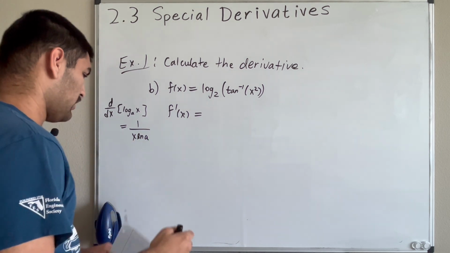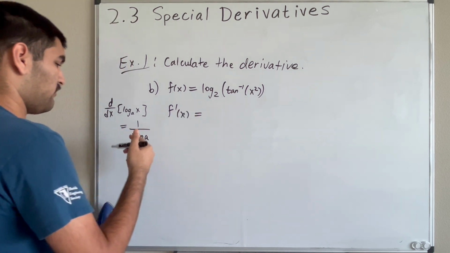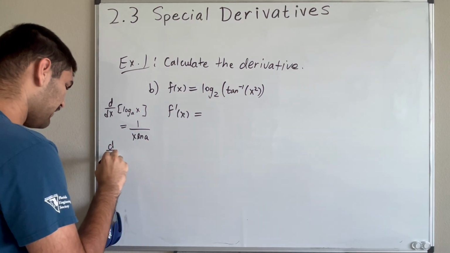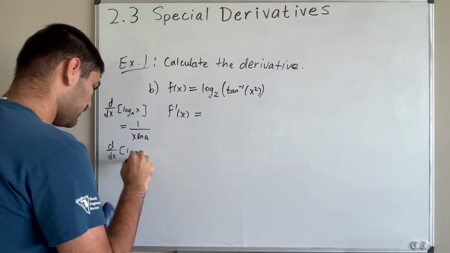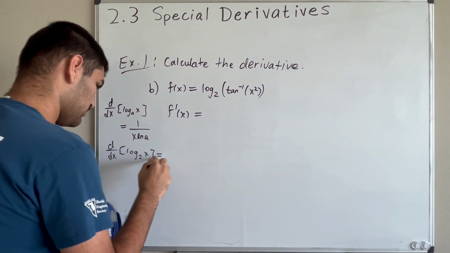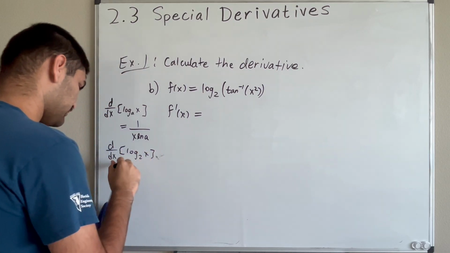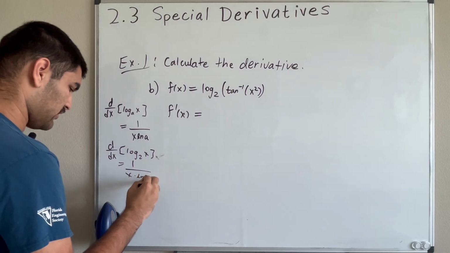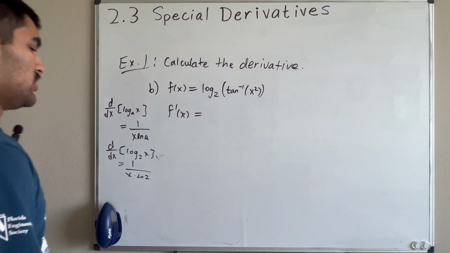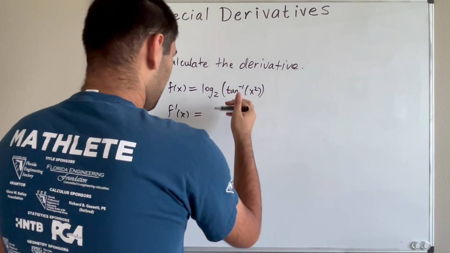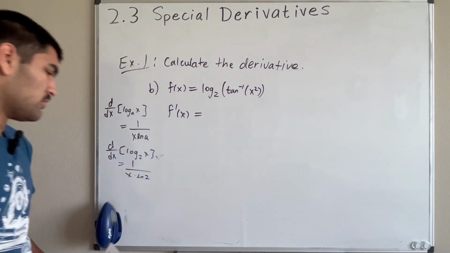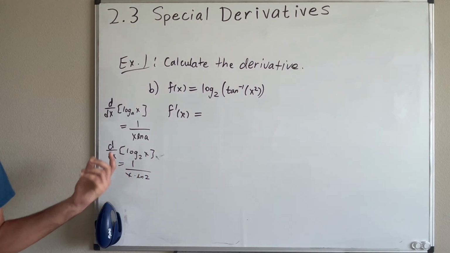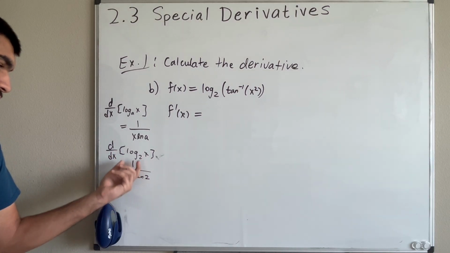Therefore, applying this for when a is equal to 2, because it's log base 2, the derivative of log base 2 of x is just equal to 1 over x times the natural log of 2. Okay, so we can put that right here. Here x is really just denoting the input of the log base 2 function.